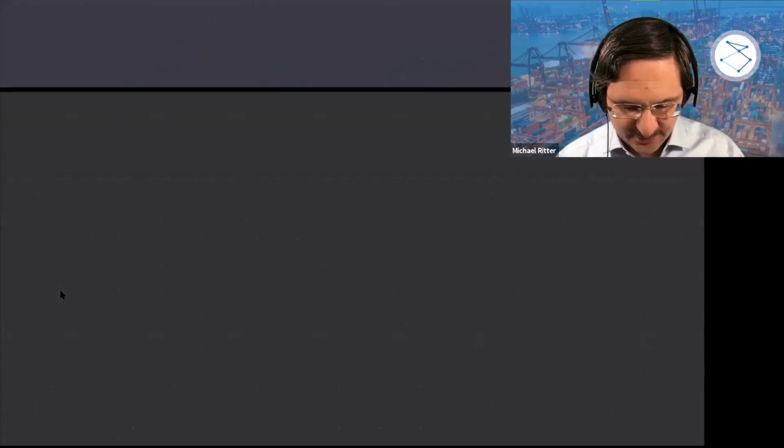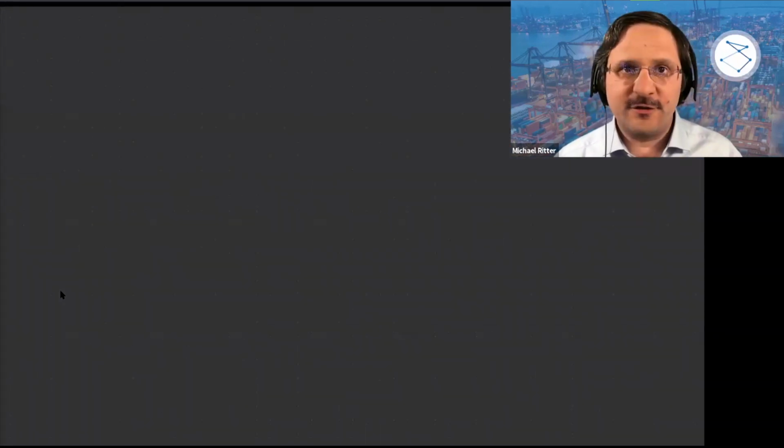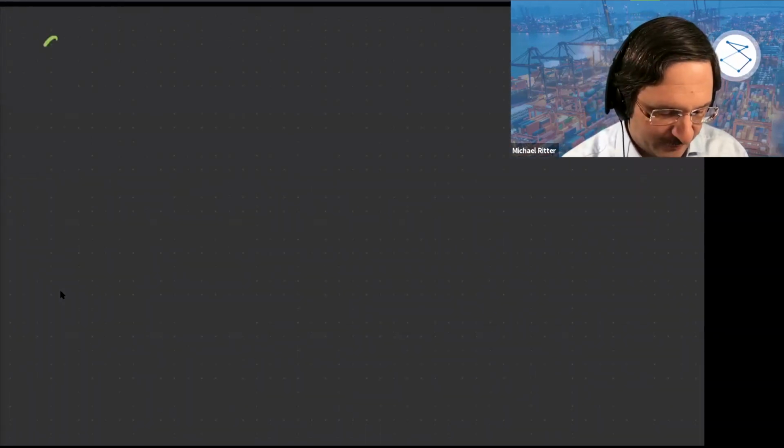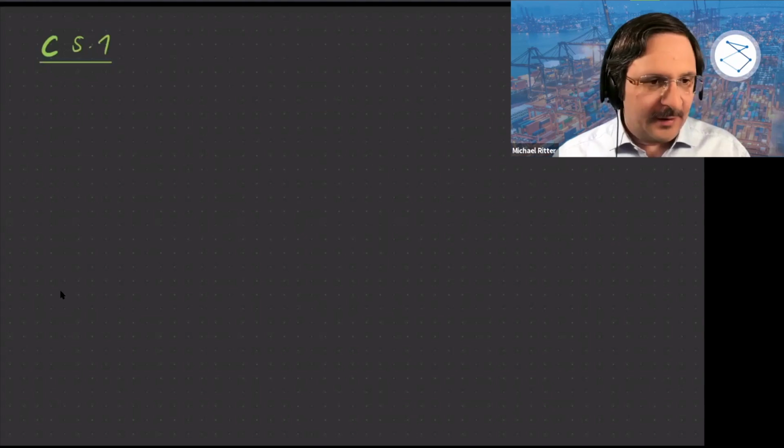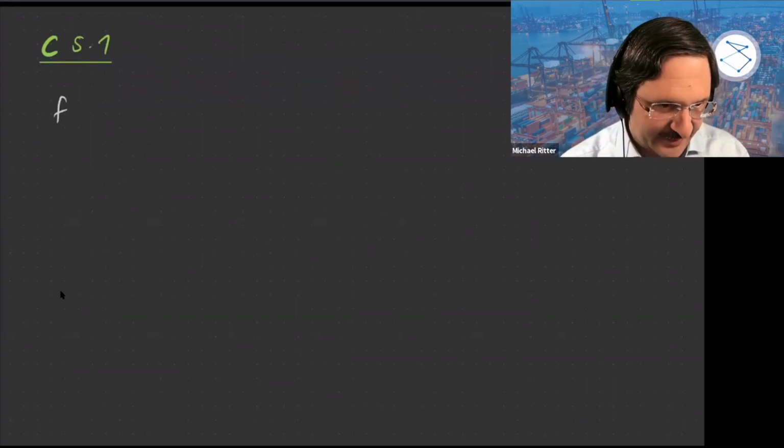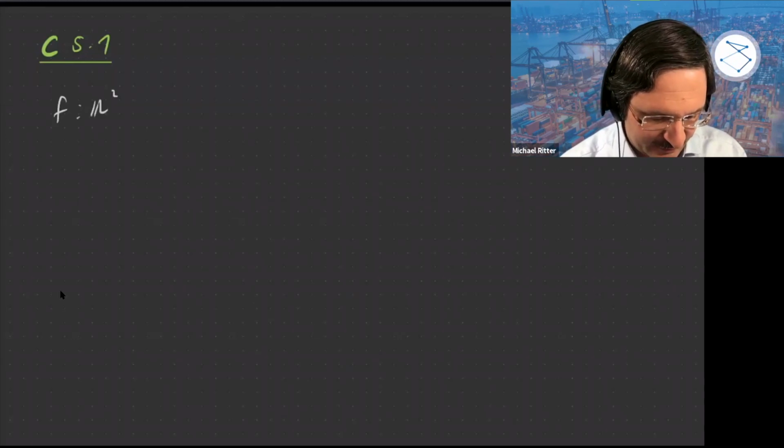So we'll determine the Jacobian of the two functions here in C5.1 first. Okay, let's see. The first function, let me write that down again, is f: R2 to R3.